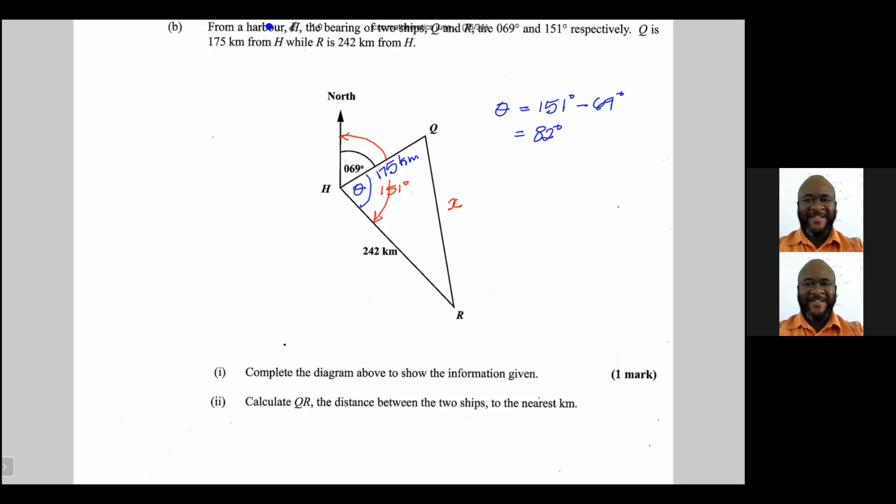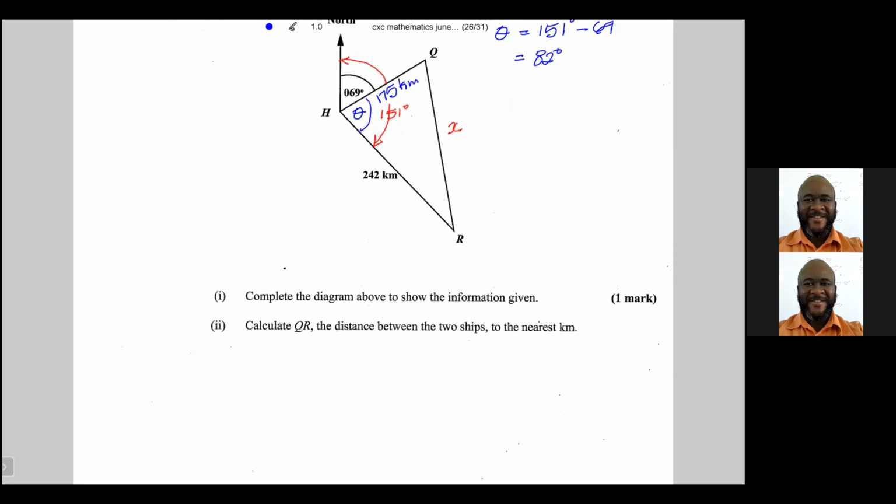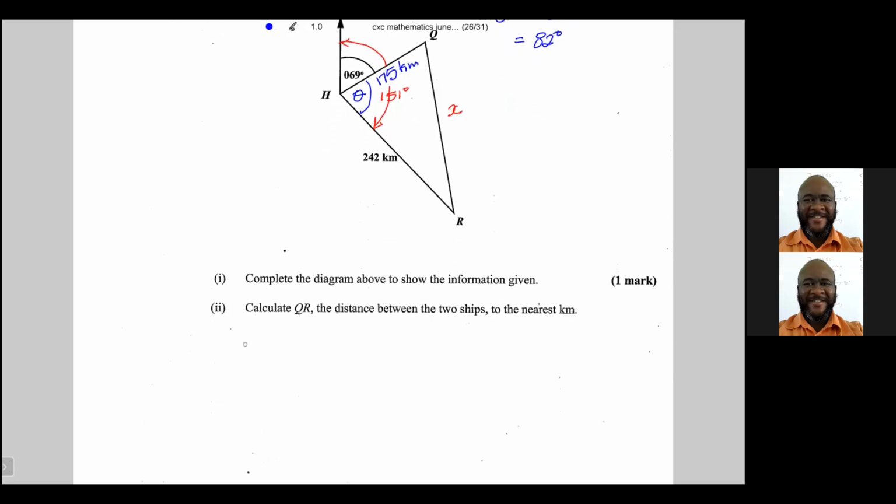So now I have a non-right angle triangle. I have the length of two sides and the angle between them, and I wish to find the length of the third side. To find that, I'm going to use the cosine rule, which says that a squared is equal to b squared plus c squared minus 2bc cosine A. In the cosine rule, a is the side opposite the included angle, which is x.